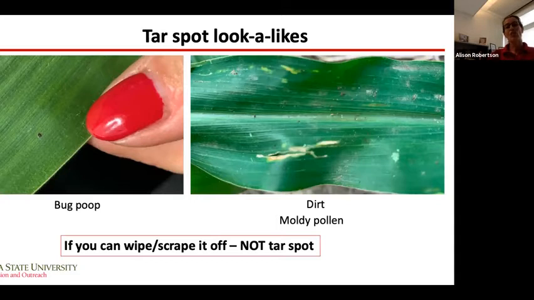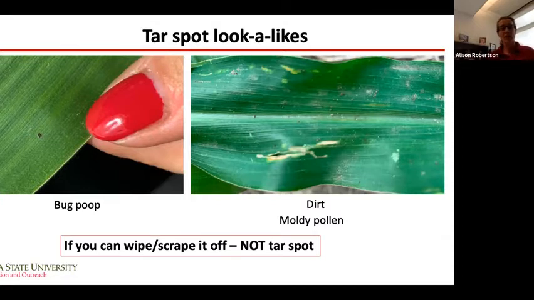I said that tar spot has many lookalikes, especially very early on when you're first looking for tar spot in the field and the infection is very, very low. It's easy to mistake dirt for it. Now that we're getting into pollination, at least here in Iowa, I'm not too sure about Minnesota, you know how pollen can get stuck on the leaves and turn black and moldy as saprophytic fungi feed on it.